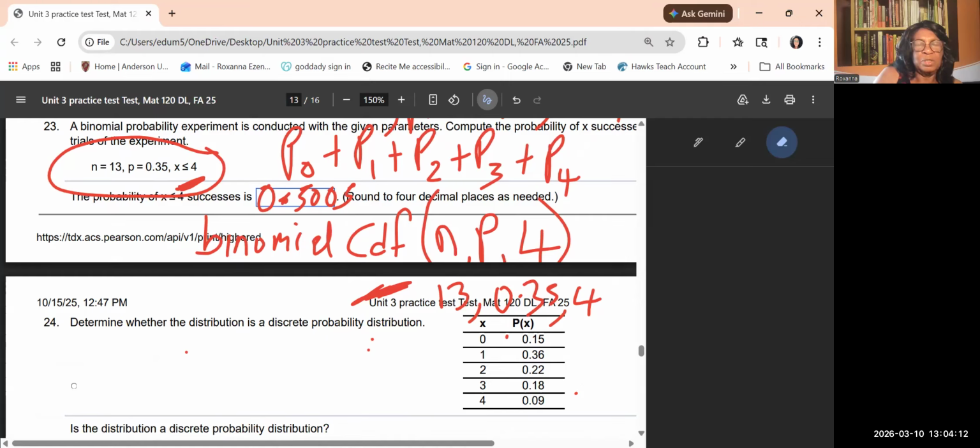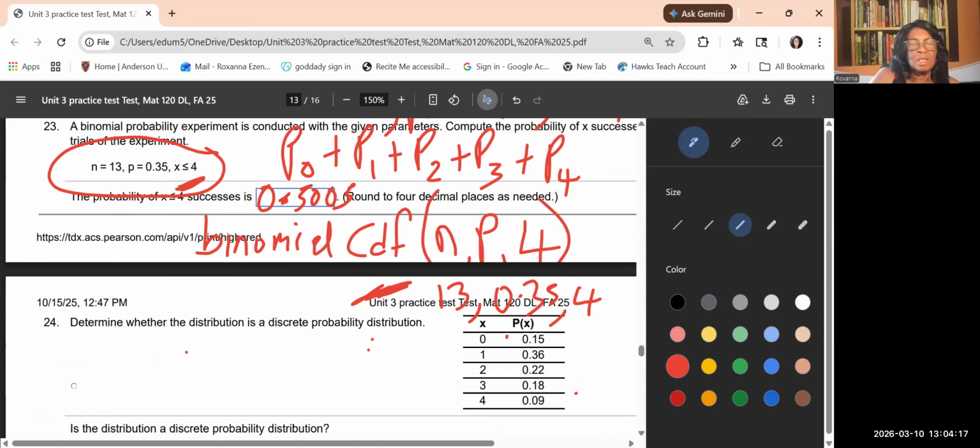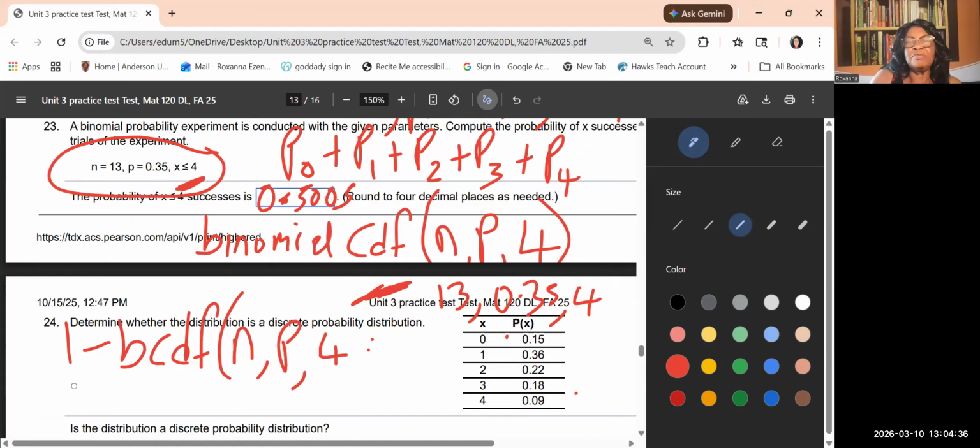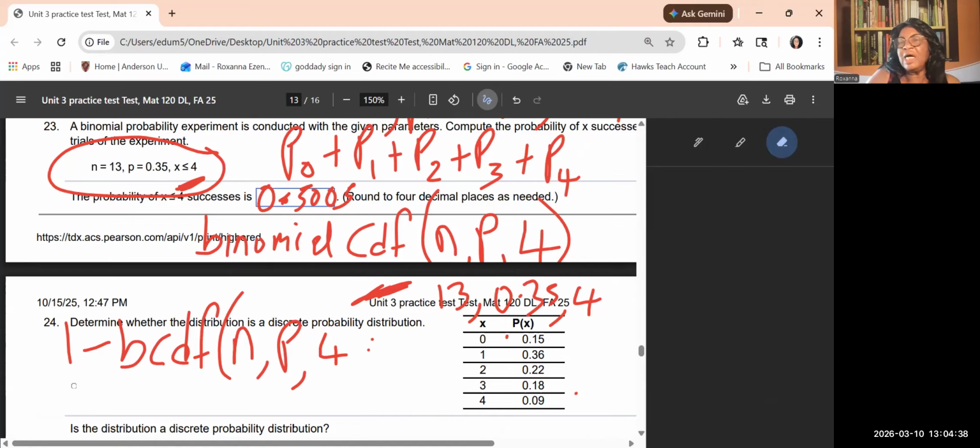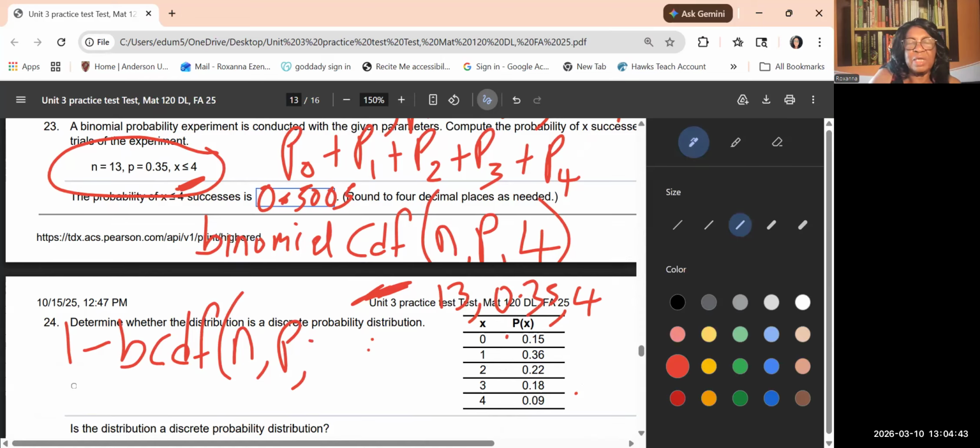Okay, so what I'm going to do is 1 minus binomial cumulative density function, sample size, success. Now this time, because 4 is included, I have to do 4 minus 1. Anytime I'm doing at least probability, I have to do random variable minus 1.